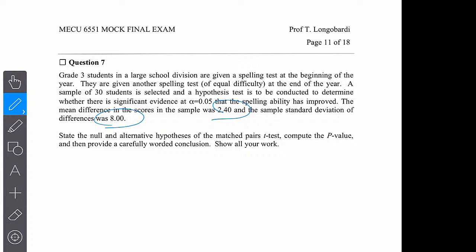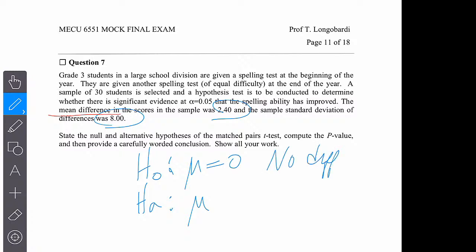So what we've got here are mean differences. In setting up this test, it's slightly different because you notice I don't have a hypothesized value. There's no numbers here. But whenever we do a mean difference test, we're testing for mean equals 0. For no difference, the status quo would be a mean of 0.